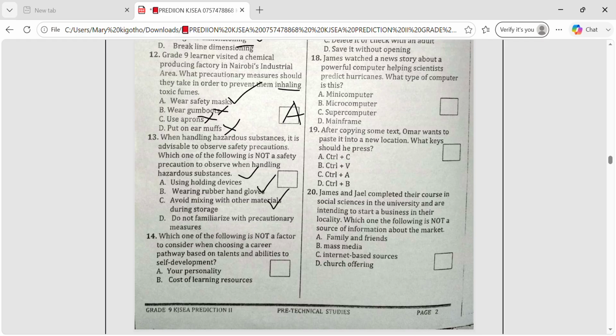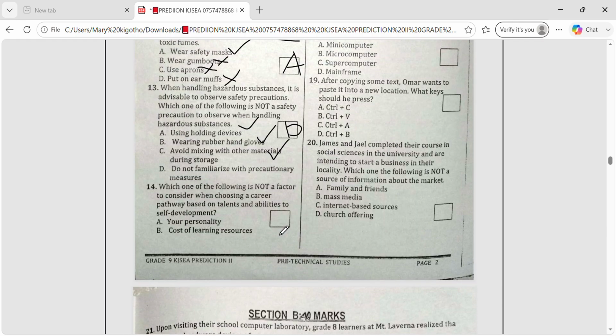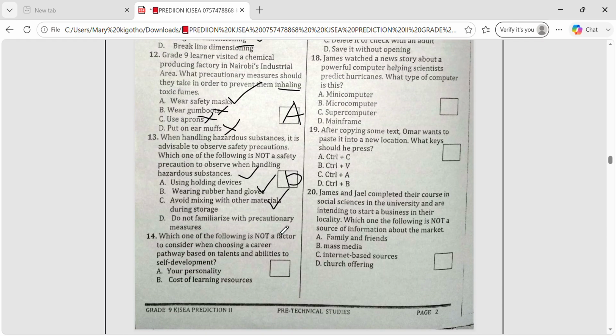So you're left with D, do not familiarize with the precautionary measures. So this means not learning the safety rules, that is careless and dangerous, the opposite of a precaution. So the correct answer here is D.